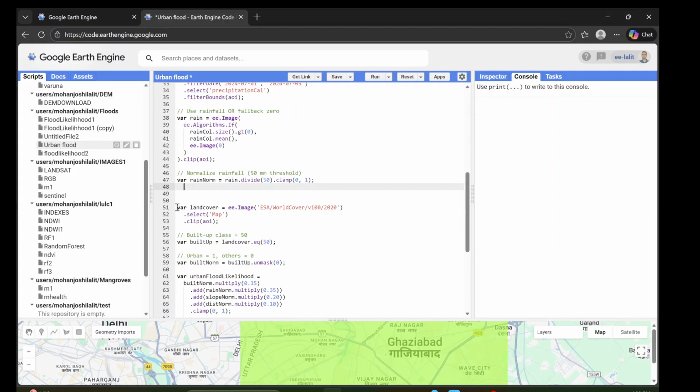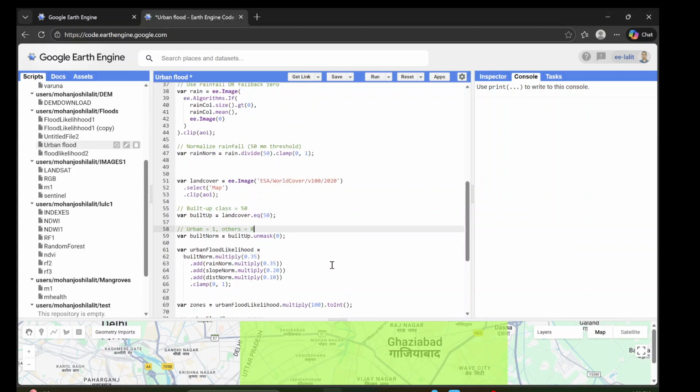The difference from my previous videos is that now we have included the land cover map of that area. Since we are talking about urban flooding, the most important thing is built-up: how much built-up is there. We unmasked it so that urban is 1 and other is 0.